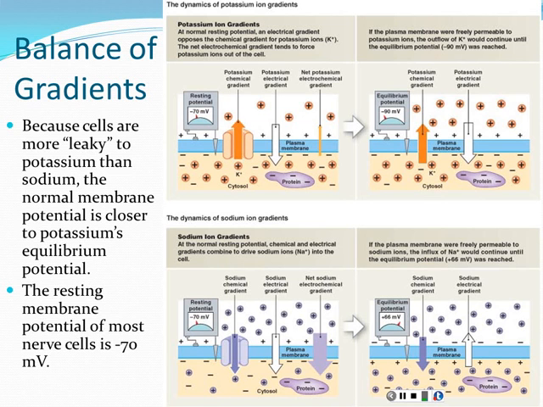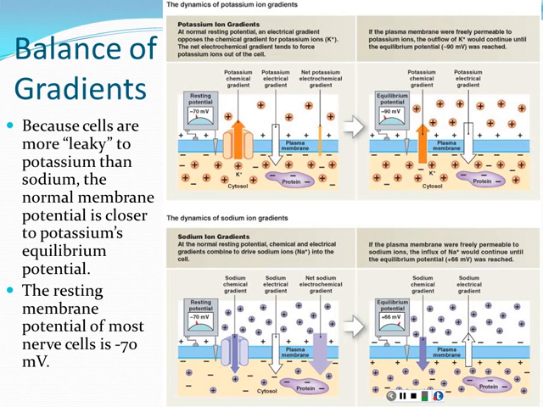Potassium channels minus 90, sodium channels plus 60. So how does that happen? Sodium comes rushing in and it brings its positive charge with it. At some point there's going to be so much more positive inside the cell than there is outside, that the sodium's going to stop moving because it would have to go against the like charge. You know, positives repel. So the sodium movement is stopped by that electrical repulsion.